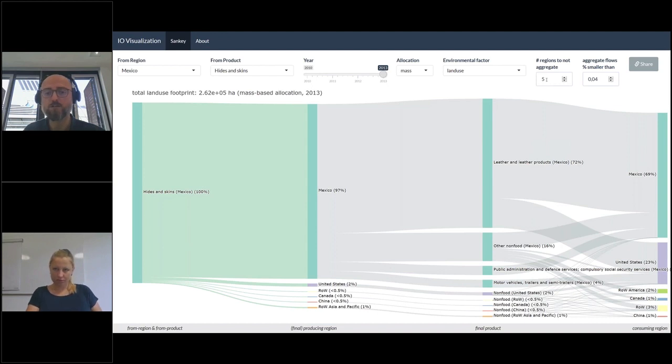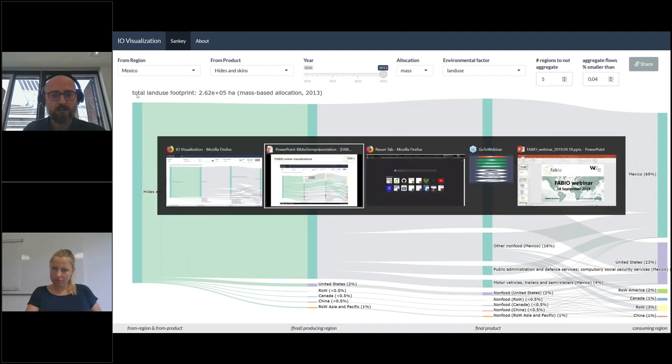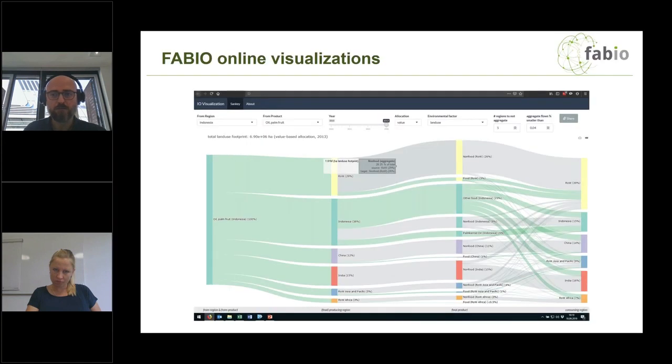Otherwise, regions that do not receive a lot would be cut off, not to get too messy. So maybe this tool is to be used for teaching purposes or just to play around. Then I go back to the slides.